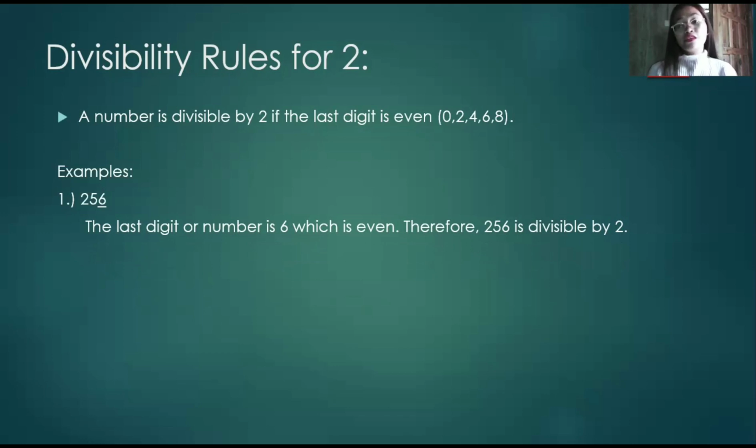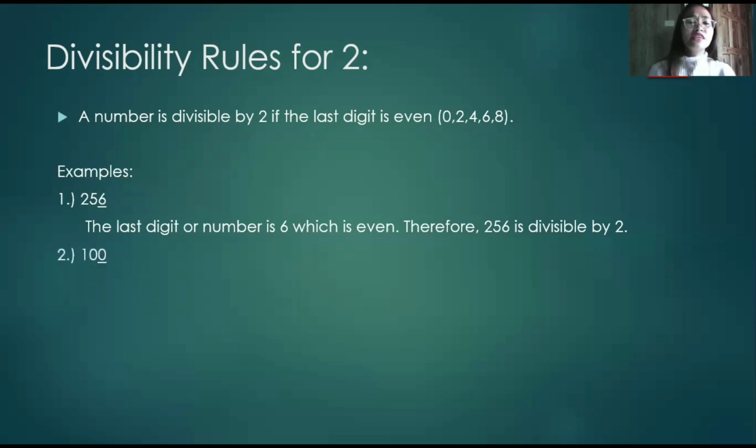Therefore, 256 is divisible by 2. So it is very easy to remember the divisibility rule for 2: as long as the number ends in an even number, automatically that given number is divisible by 2.